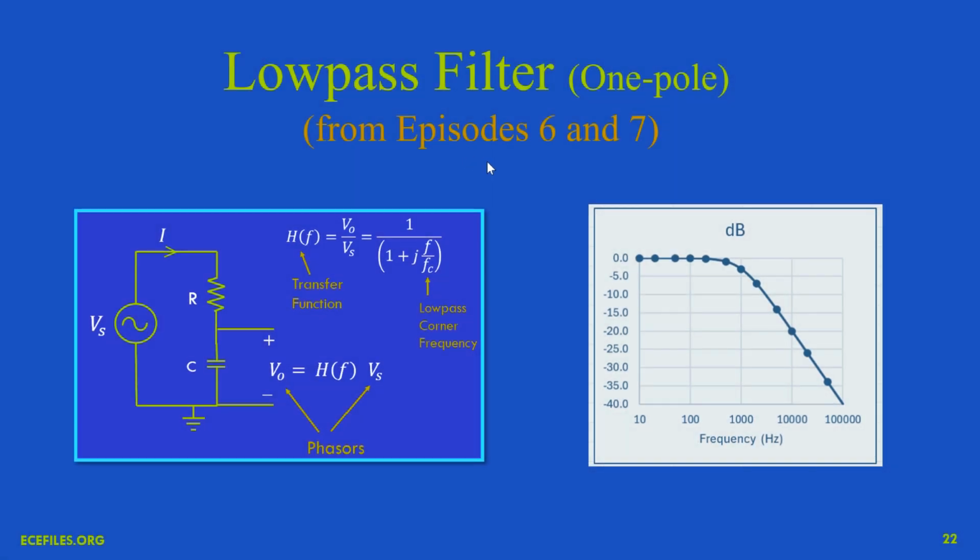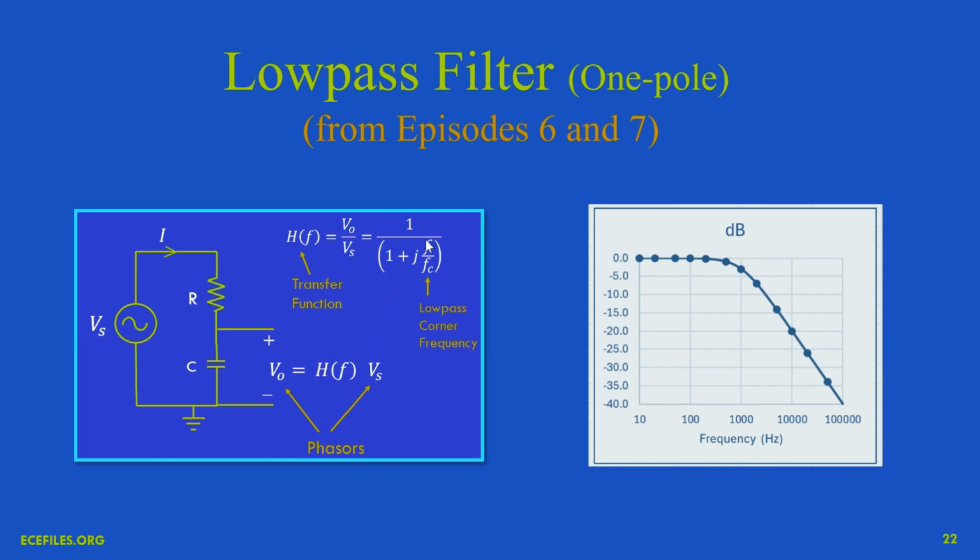Back in episodes 6 and 7, we already did a little bit of this. We looked at a somewhat simpler circuit, a simple low-pass filter, and we derived the so-called transfer function using complex math that was covered in episode 7, and phasors, which encode amplitude and phase of a sinusoid. And in phasor analysis, we just assume we know what the frequency is.